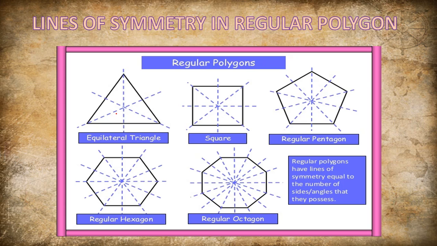If we count, this triangle having 3 sides has 3 lines of symmetry. Similarly, a square is a polygon of 4 sides, so it has 4 lines of symmetry. That means we can conclude that regular polygons have lines of symmetry equal to the number of sides, or we can say angles, that they have.